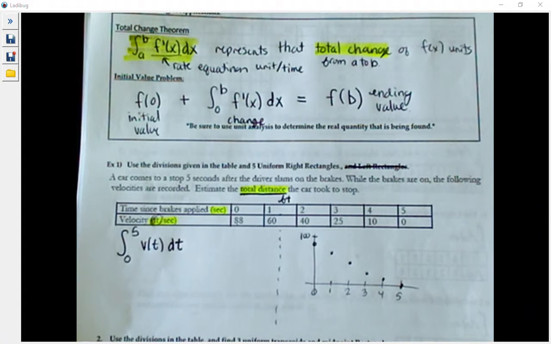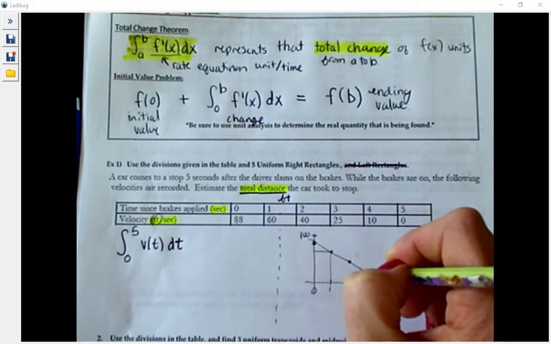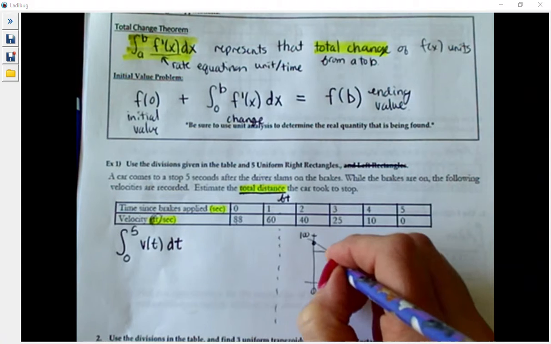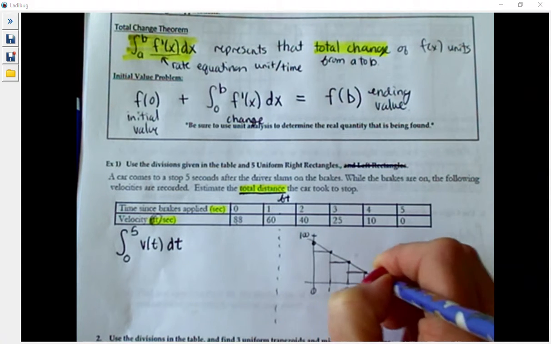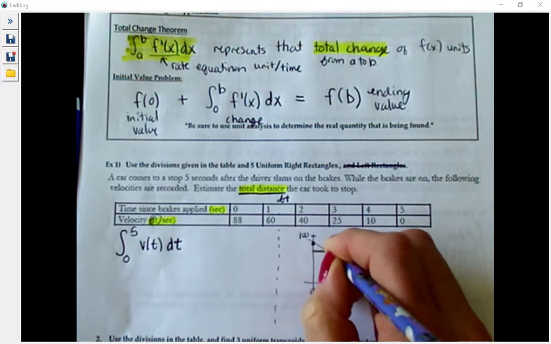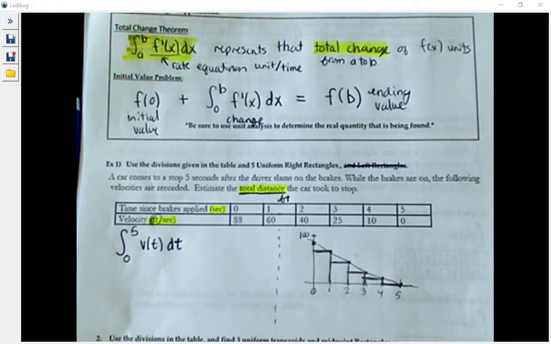Right rectangles. Here's your sketch of your picture. Draw the right rectangles so we can see what kind of area calculations we'll be needing. You want to just connect the dots with a curve so it's easier to draw your rectangles. So you should have 5 rectangles.